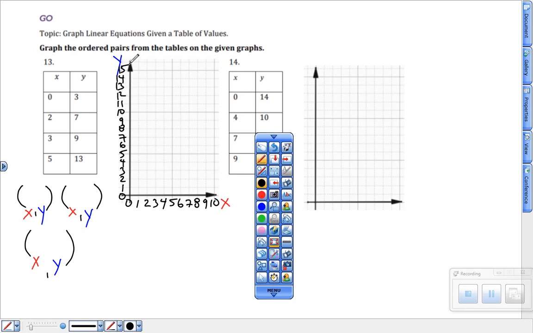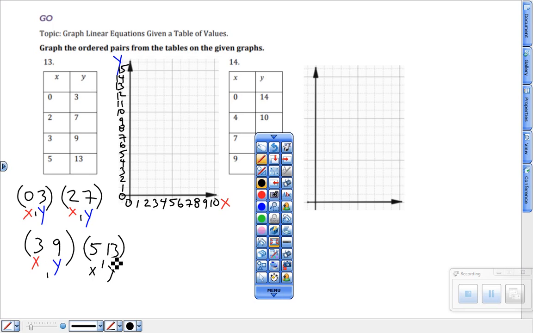Again, when you're writing these coordinates, that first one, 0 for x, the y number is 3. That's that coordinate pair right here. Next coordinate pair, 2 for x, 7 for y. Again, these list all the x numbers that go first. This lists all the y numbers in the coordinate that goes second. So again, that first pair, 0, 3, 2, 7. The next pair, 3, 9. And then the last coordinate pair from this table is 5, 13.